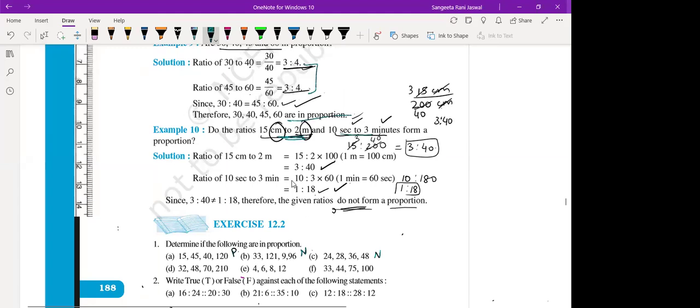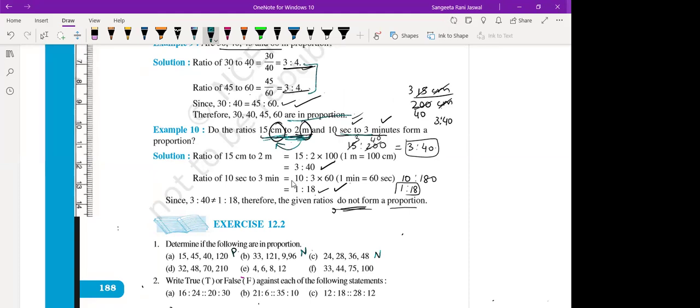Now see this next one also. Do the ratios 15 centimeter and 2 meter... Now the units are not same here. So what will you do? You will make the units same by doing conversion. So 2 meter will be 200 centimeters and 15 centimeters here. You will find the ratio of this. Then 10 seconds and 3 minutes.